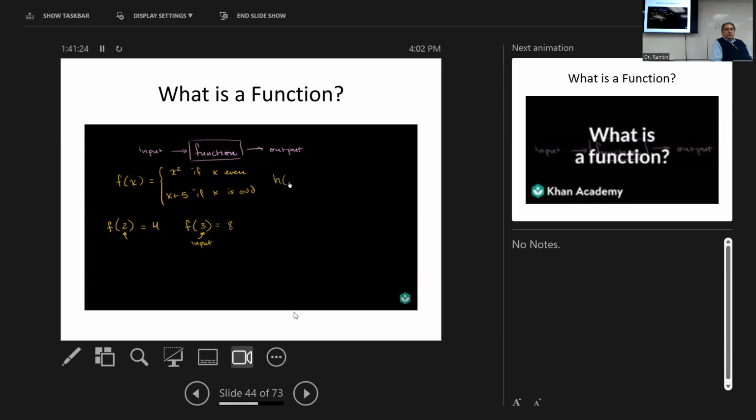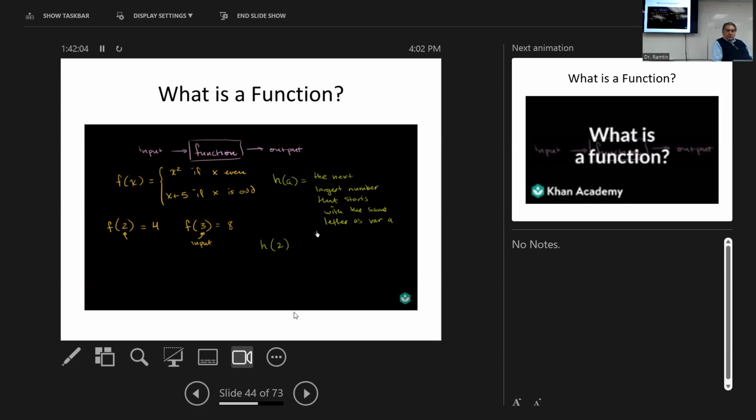So I could say h of a is equal to the next largest number that starts with the same letter as variable a. We're going to assume that we are dealing in English. So given that, what is h of 2 going to be?